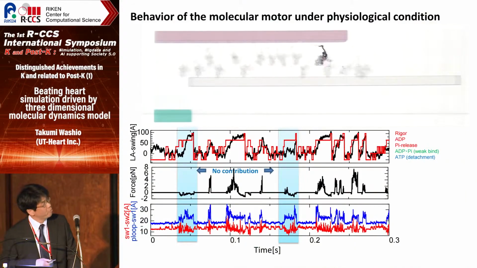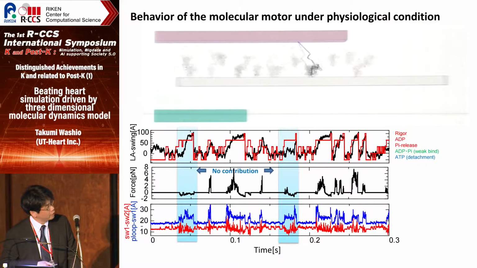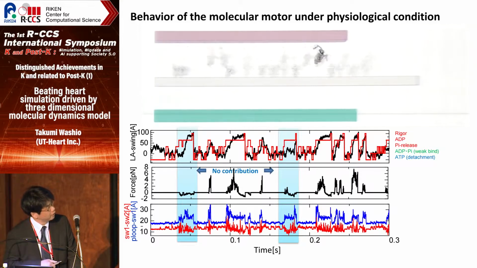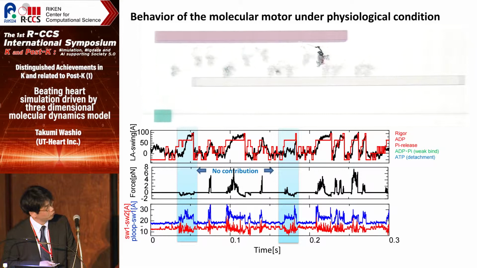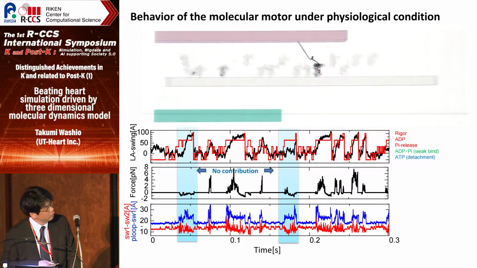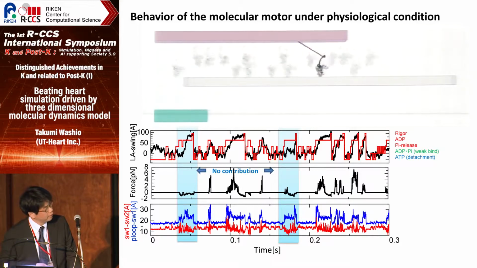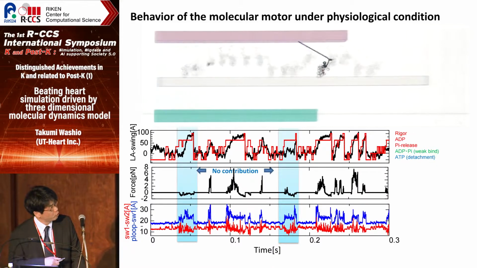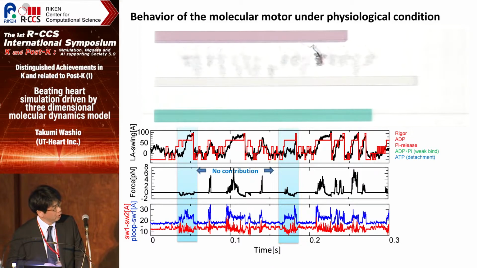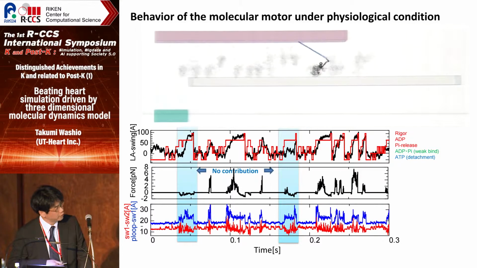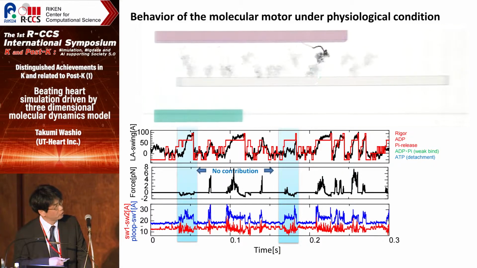And here I show you the behavior of specific molecules, and in these upper panels, it shows the history of the lever arm swing distances. And these red lines show the state transitions. This middle panel shows the force, and in these two cycles, this motor protein failed to make the positive force. And in this bottom panel, I show you some distances between some specific points in the nucleotide binding domain to look for some correlation between the successfulness of the cycle and deformation here.